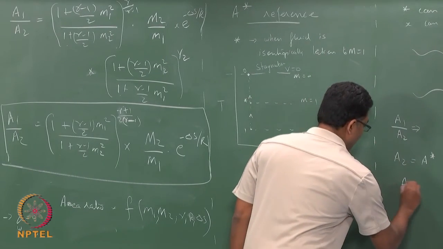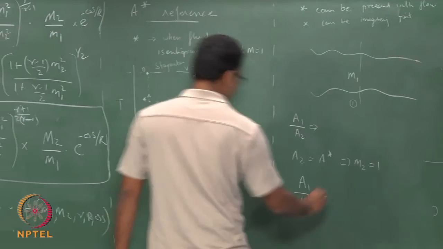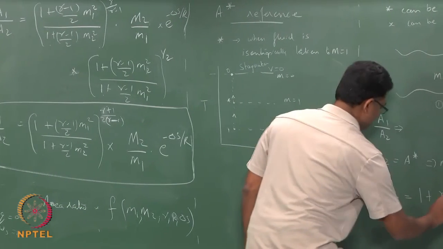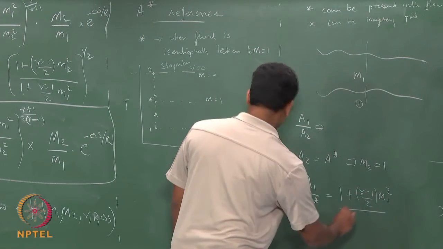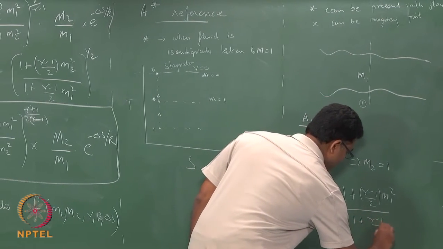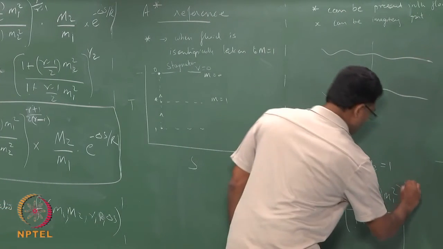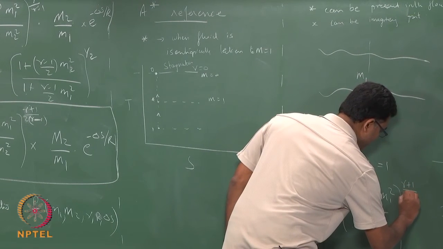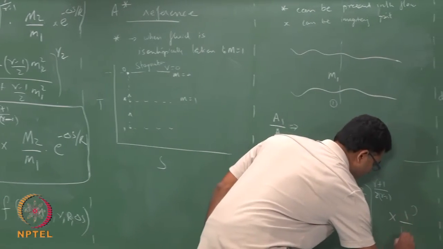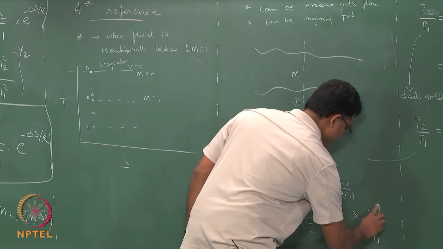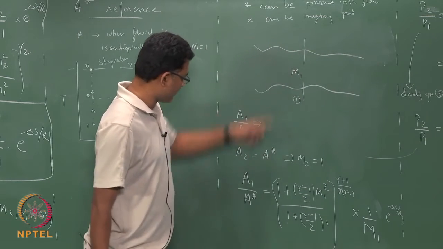So, I substitute that into our relation which we already know. So, I take A1 by A star equals 1 plus gamma minus 1 by 2 M1 square divided by 1 plus gamma minus 1 by 2 multiplied by 1, to the power gamma plus 1 divided by 2 into gamma minus 1, into M2 is 1, this would be 1 by M e power delta s by R. Now, I have taken it isentropically to star value.